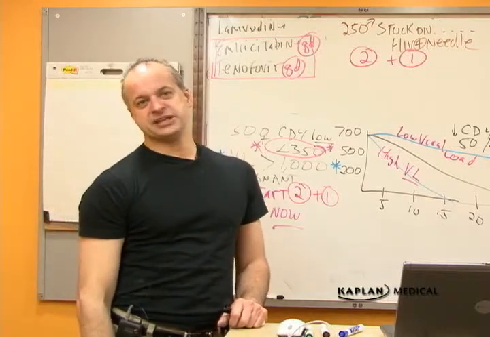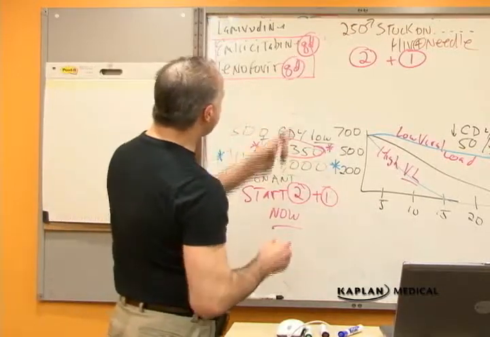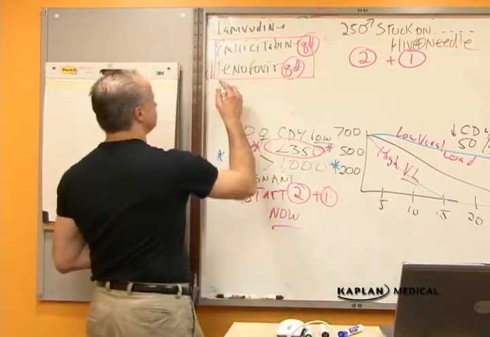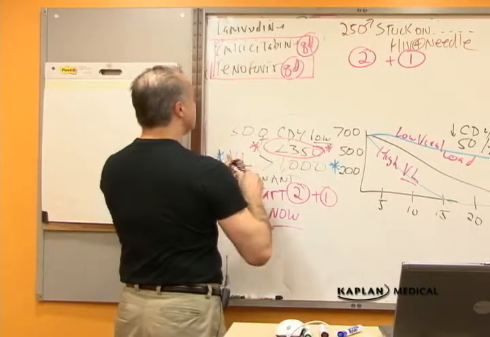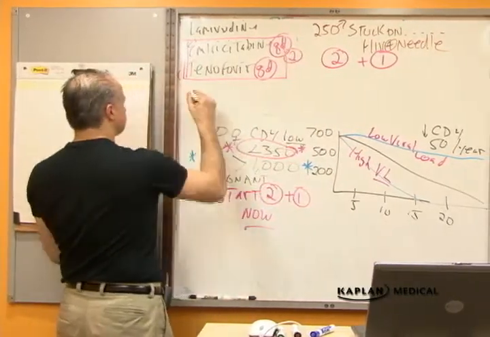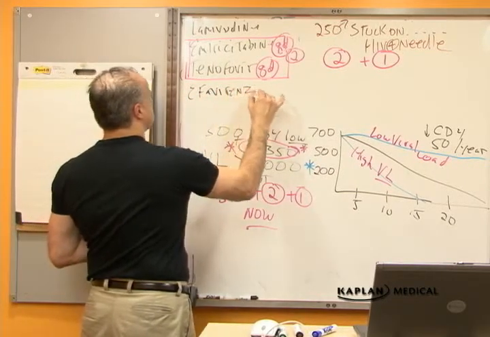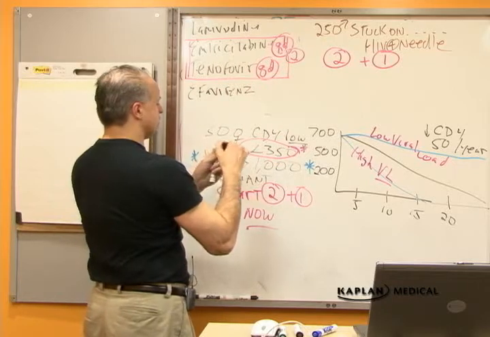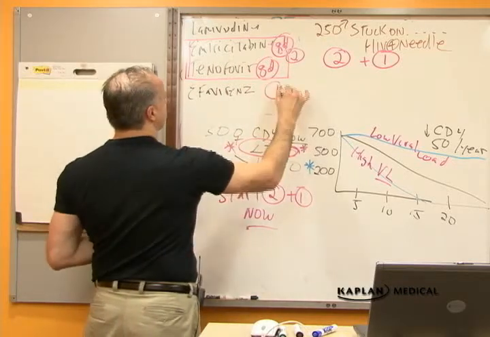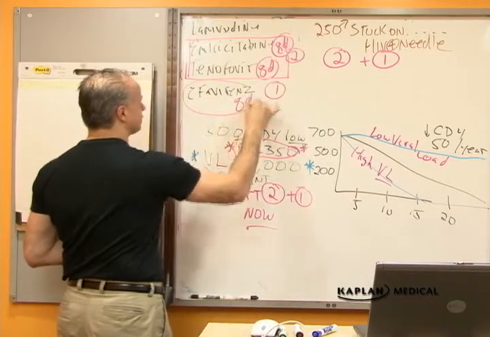But emtricitabine and tenofovir, together with efavirenz, although efavirenz is in another class, that still constitutes the two, and efavirenz, which also is a once-a-day drug, constitutes the one. And we have 2 nucleosides and a protease inhibitor or a non-nucleoside.